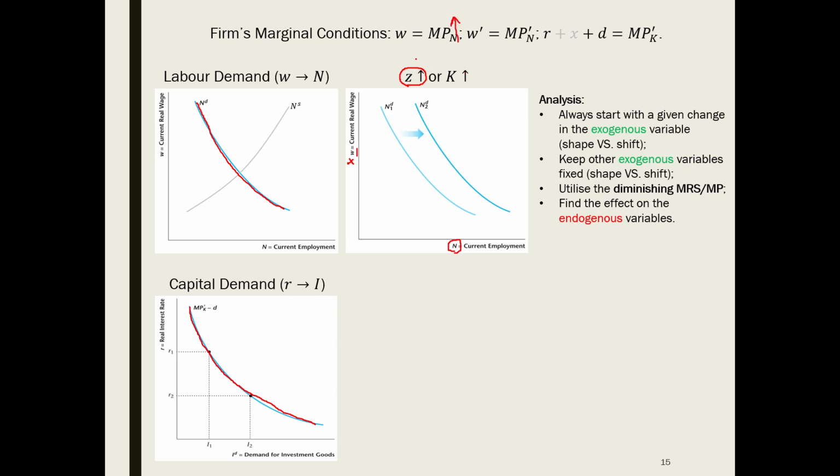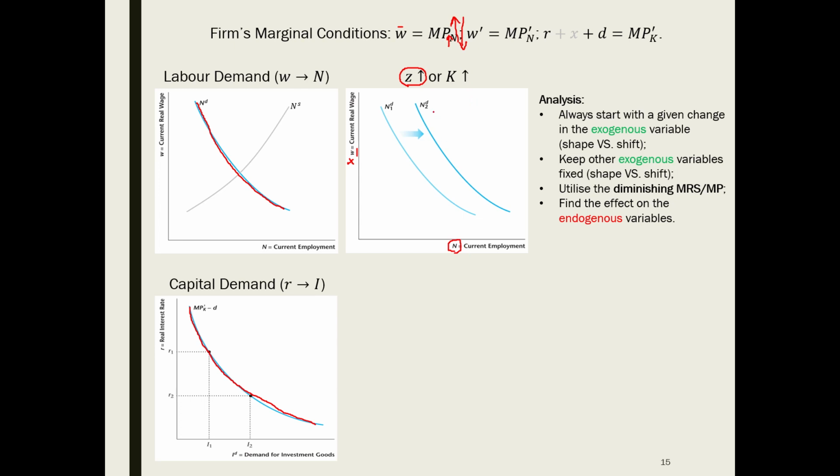To restore the optimality condition, you cannot change wage on the left-hand side because it is exogenous to individuals. The only way is to decrease marginal product of labor on the right-hand side to cancel out the rise. According to the diminishing law, we must raise labor demand to decrease marginal product of labor.